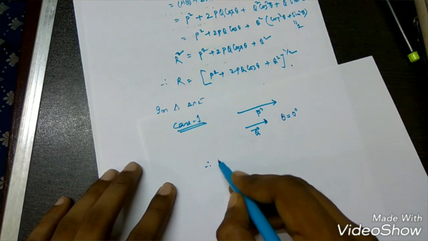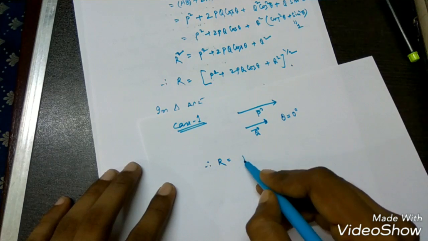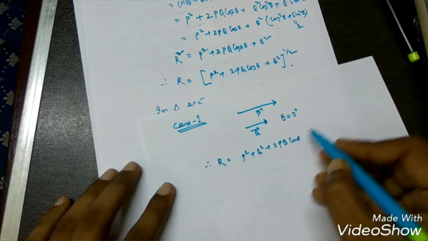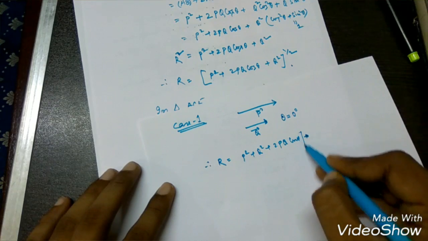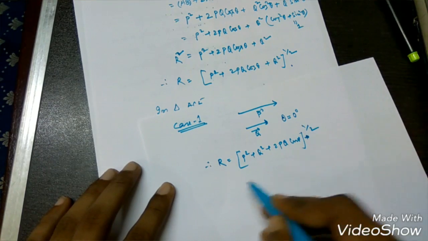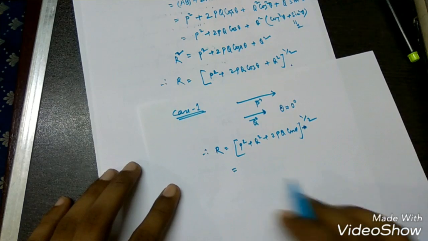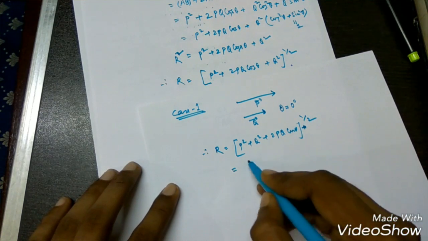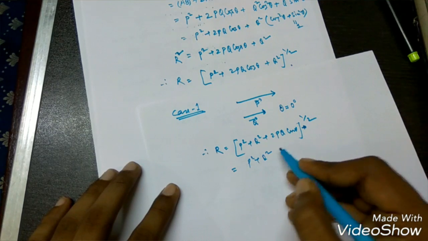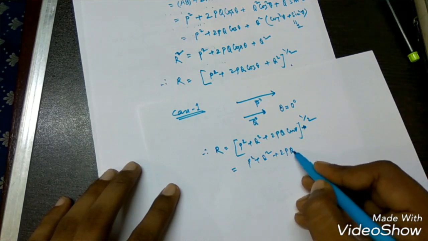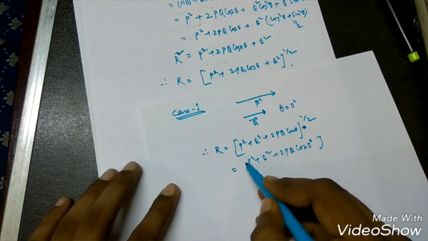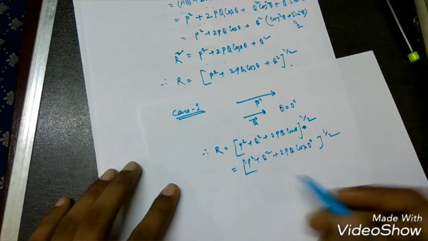So R is equal to (P² + Q² + 2PQ cos theta)^1/2. Sorry, we are trying to find out the value of R, putting the value of theta equal to 0 degrees. So here P² + Q² + 2PQ cos 0 degrees. What is cos 0 degrees?